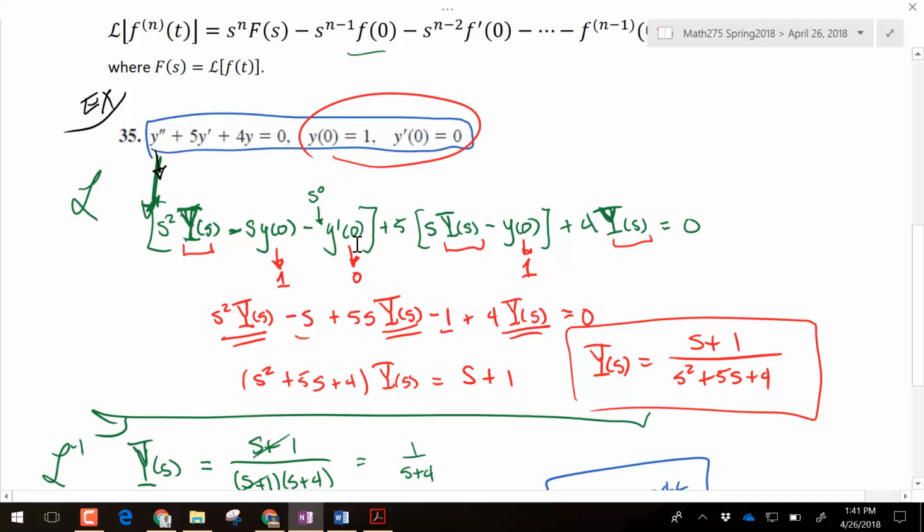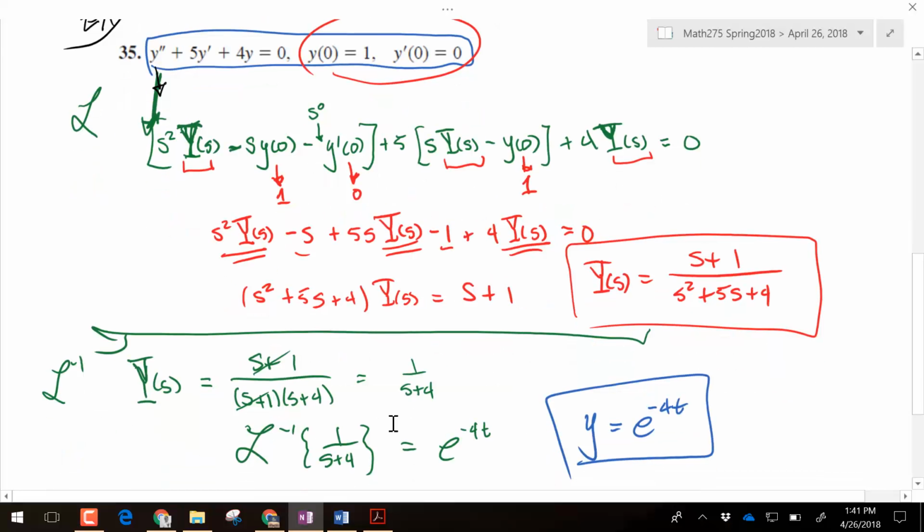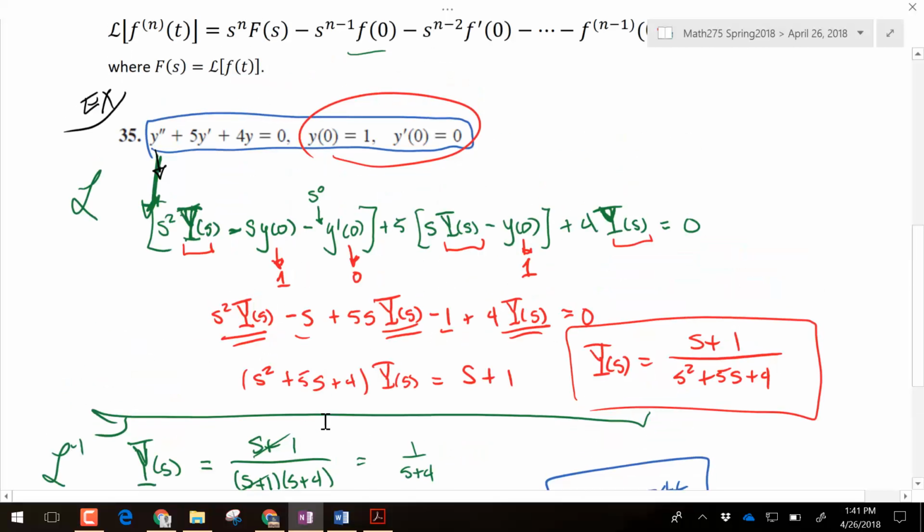Put them in here. Well, you would have had y, an e to the negative t power, right? And then when you put that as a solution, you should have.